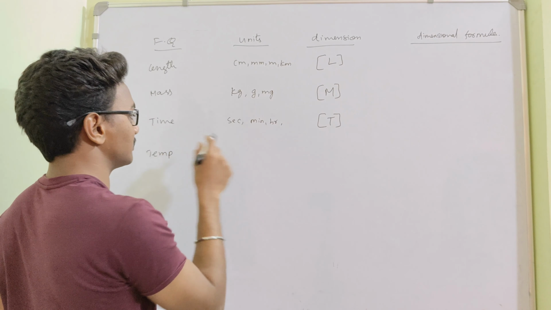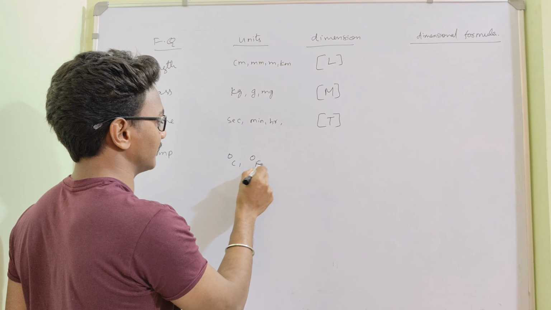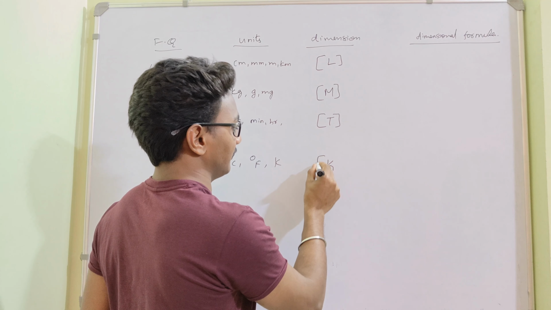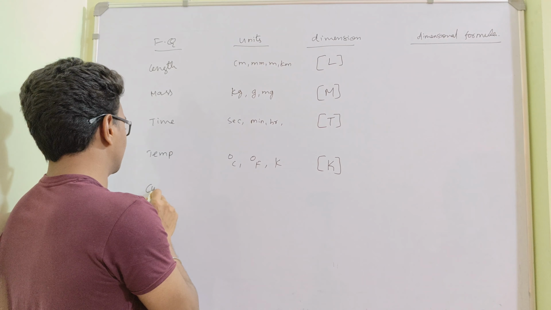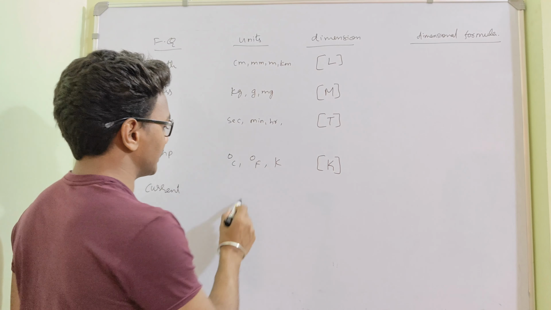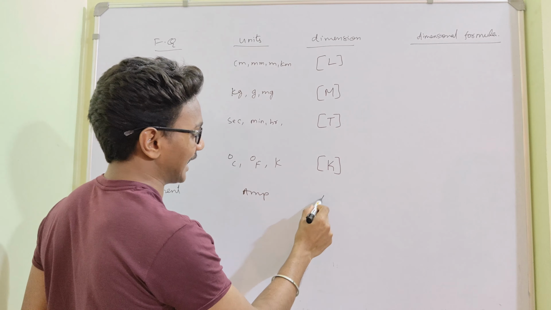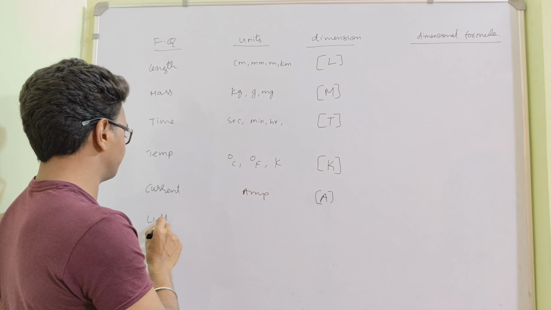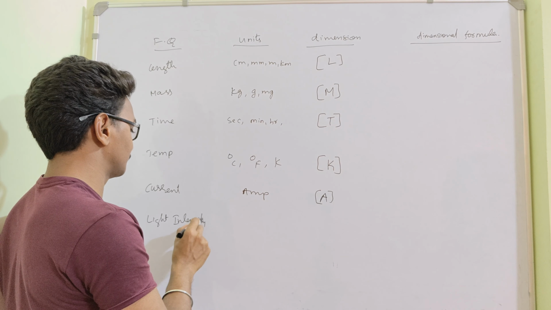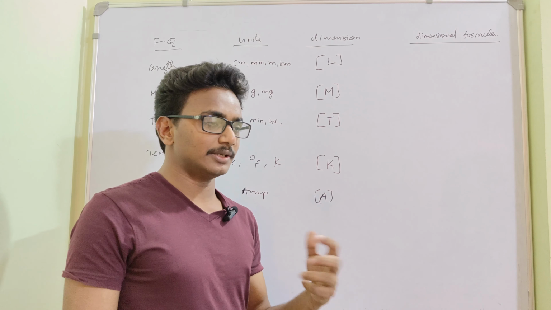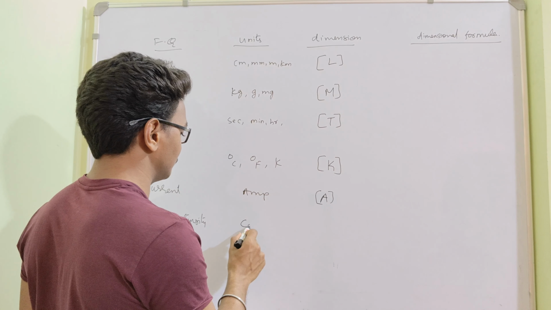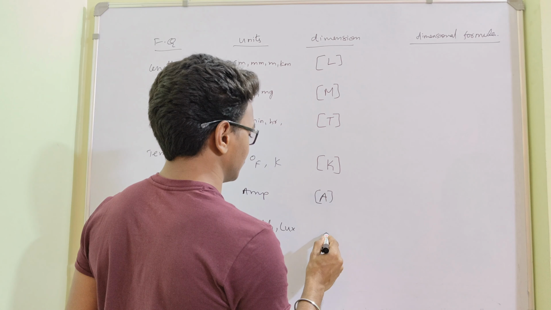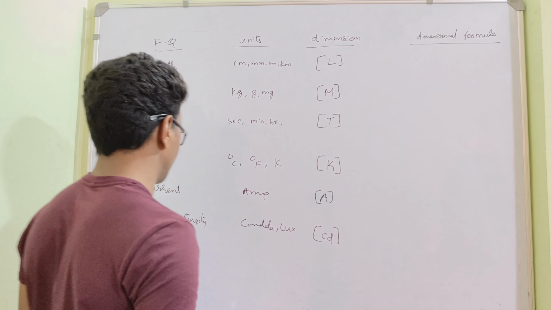After that, temperature. Temperature also has different units like degrees centigrade, degrees Fahrenheit, Kelvin. Dimensional representation is capital K in between square brackets. Next, electric current. Units are amperes. Dimensional representation is capital A in between the square brackets. Next, light intensity. Unit of light intensity is candela, but dimensional representation is CD in between square brackets.